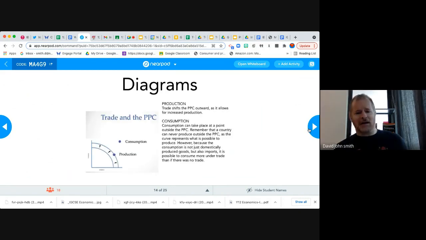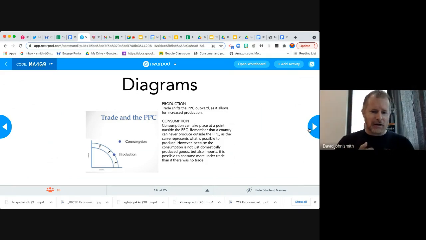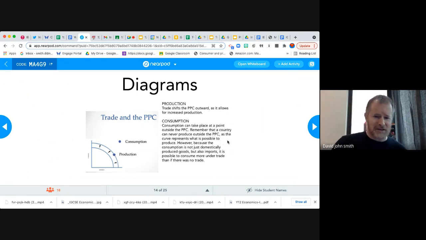Now, thinking about how we might illustrate this, you've got a circular flow model, you've got the AD-AS diagram, you've got the computation with regards to GDP, but we've also got the PPC diagram. It's a while since you've probably reflected on the PPC diagram, so just to refresh this in our mind, and I think this is the last thing that we'll do today.